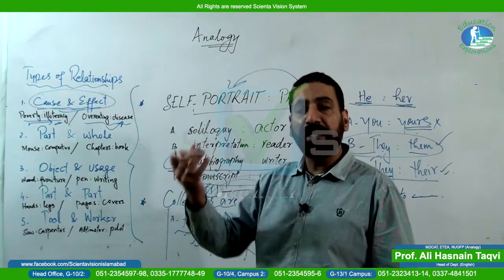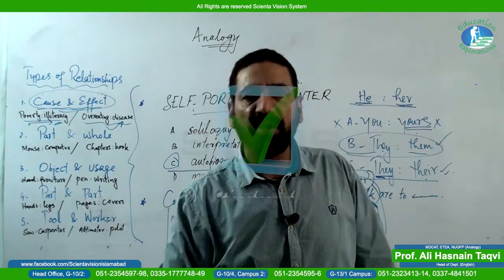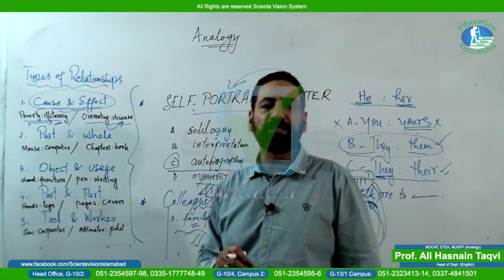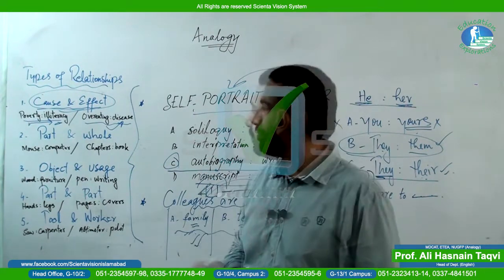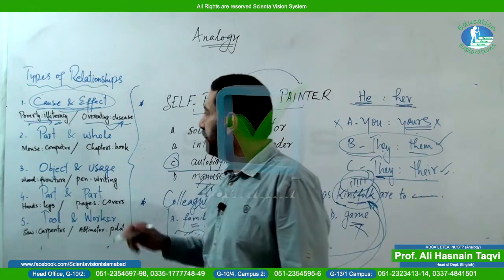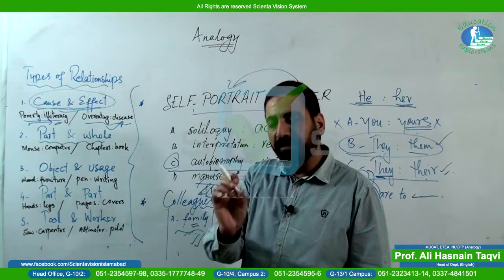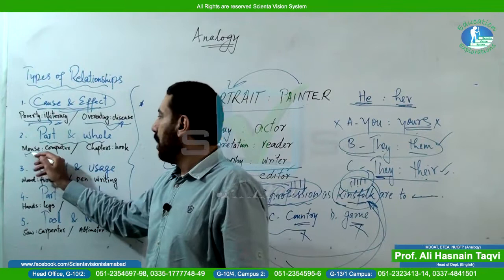If you understand beforehand that any given combination you have to see in terms of cause and effect, you would immediately decipher the nature of that relationship, and that would be very instrumental in getting to the right option. Again, another combination here of a typical type, part and whole. This is like one unit and what collectively that is called. See here, mouse.